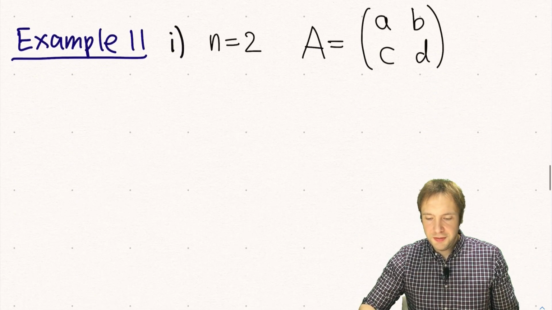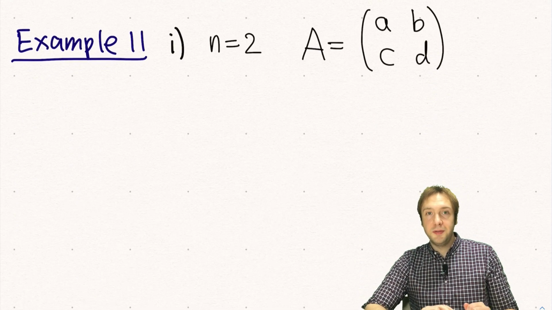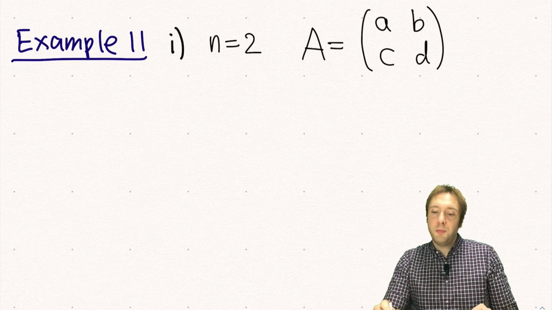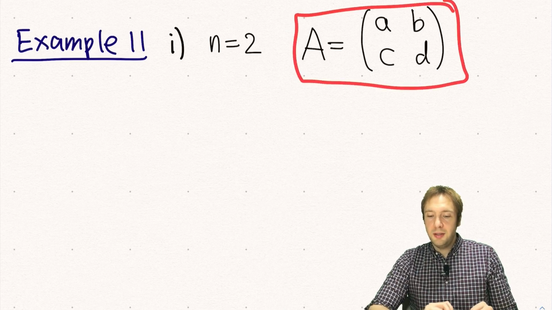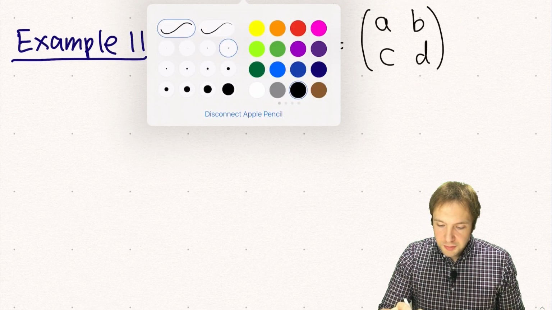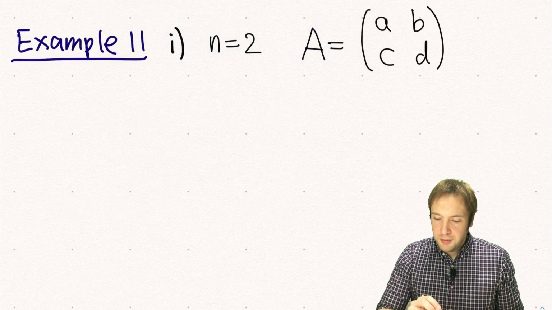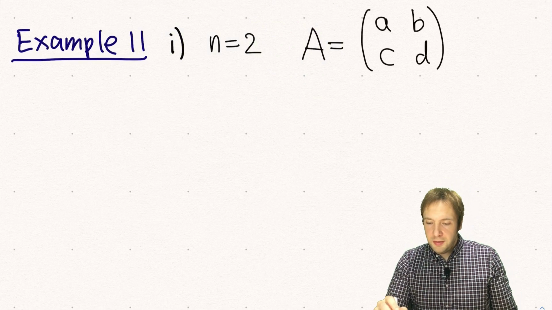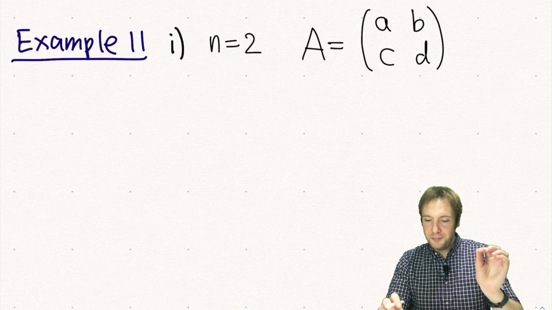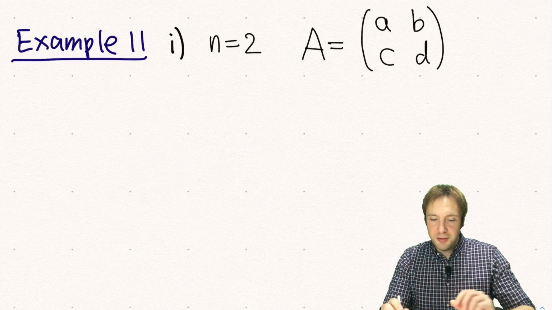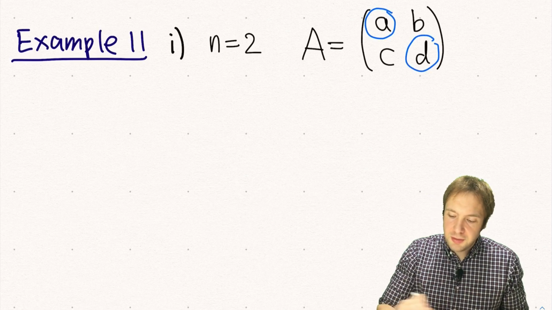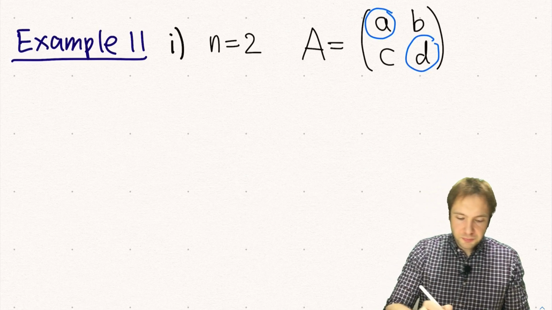So let's start with the case n equals 2. And now we want to see what are all possible patterns of this matrix A here. So I need to choose entries such that I have an entry exactly in each row and each column. So here what I can choose is this position and this position here.